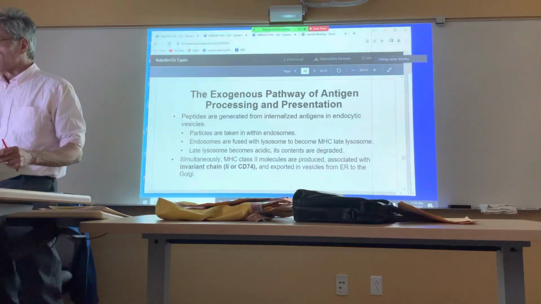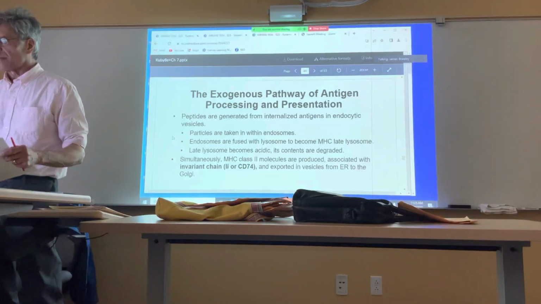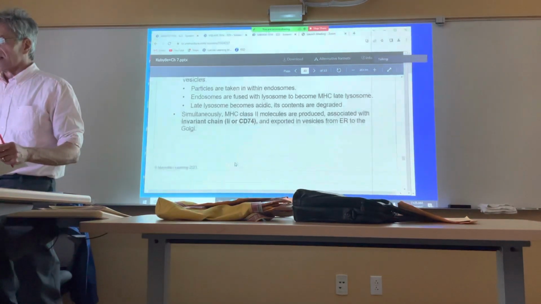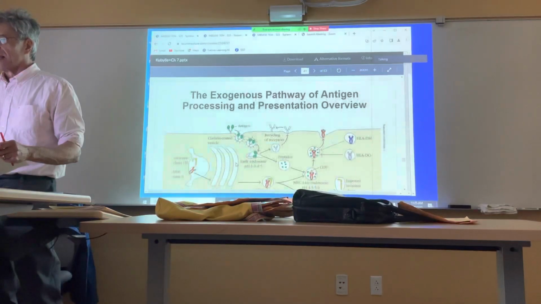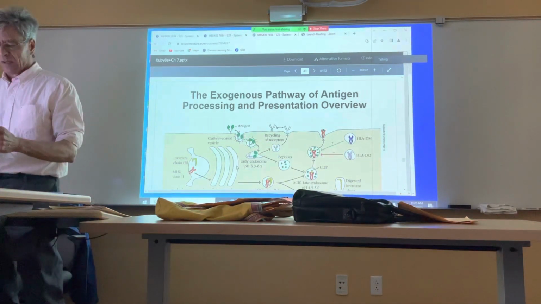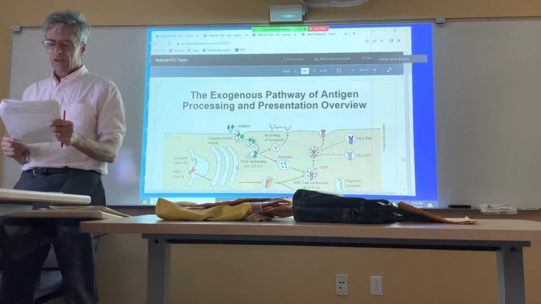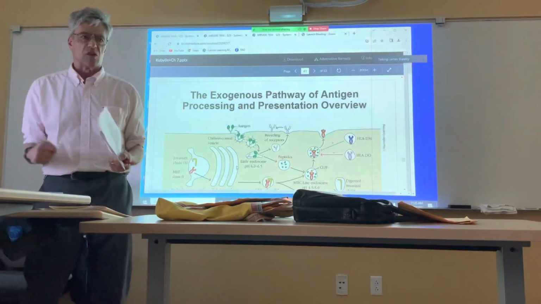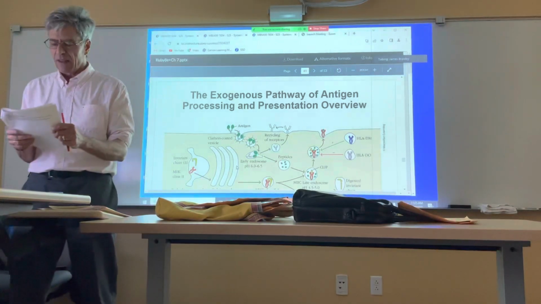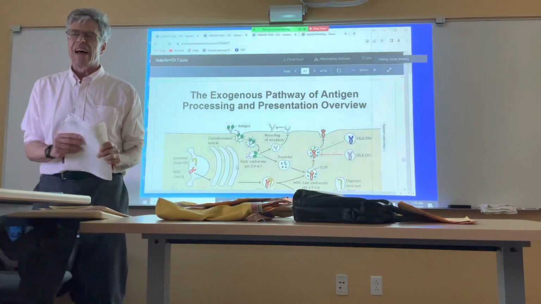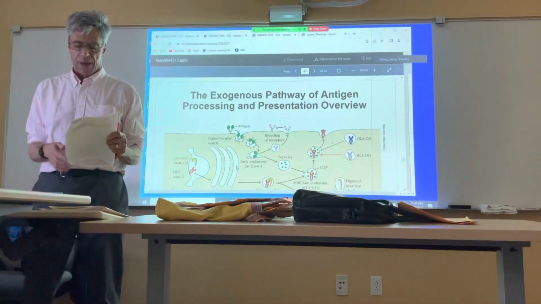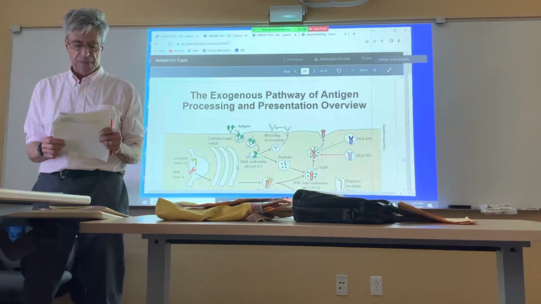MHC class 2 is produced. It's associated with something called invariant chain. That's capital I and little i. So it's associated with new class 2, presumably because this groove is attractive to fit in there, and presumably to not allow endogenous peptides to come in.